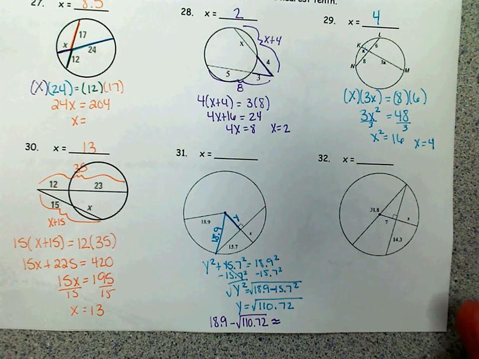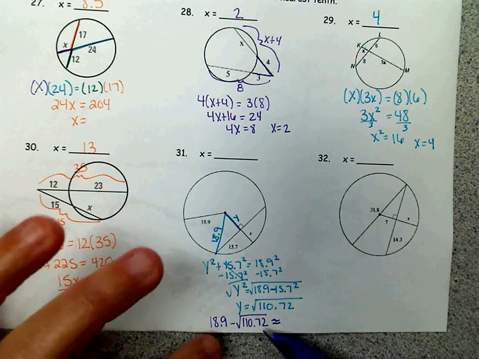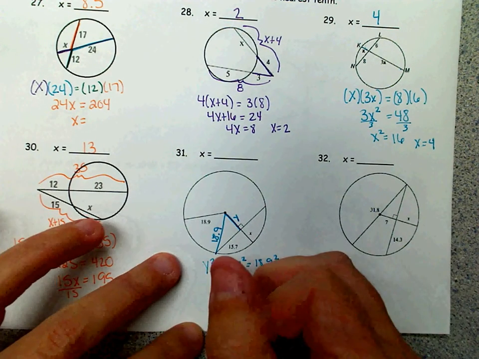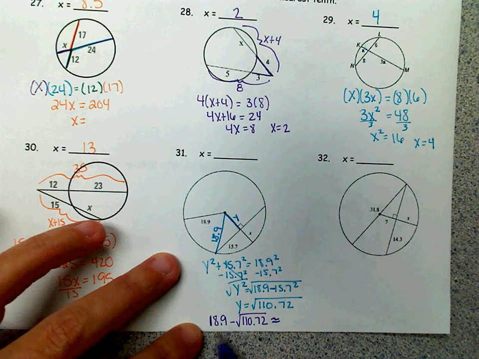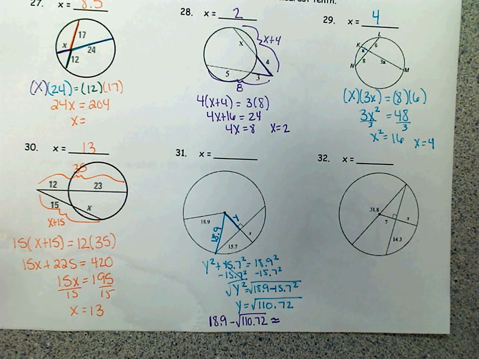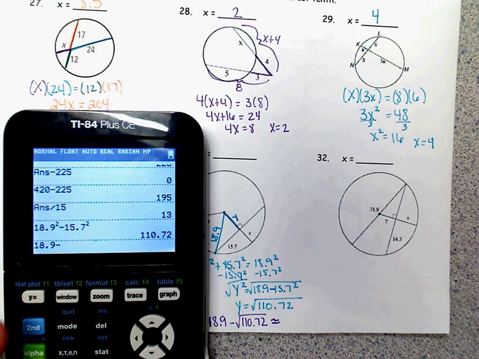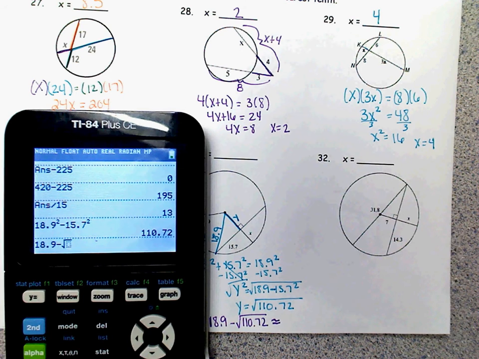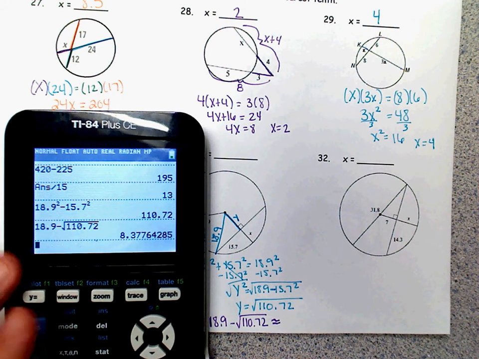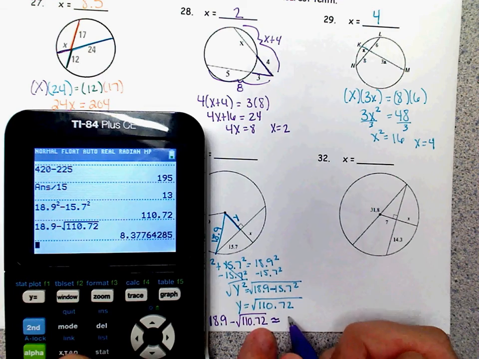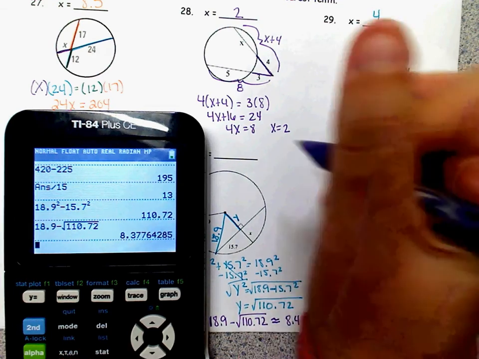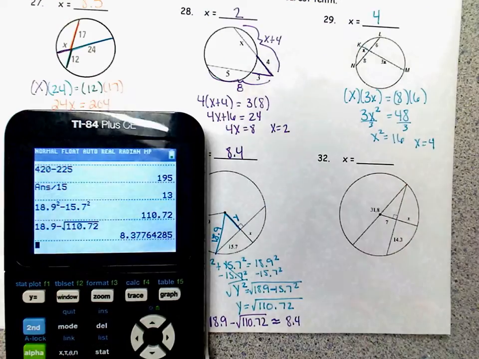So I don't want to round this decimal and then subtract it from that decimal. I want to wait till the very end. So 18.9 minus, let me show you what I'm typing in, just so you can see. The square root of 110.72. And so rounded to the nearest tenth, that's approximately 8.4. So 8.4 is the correct answer for x.